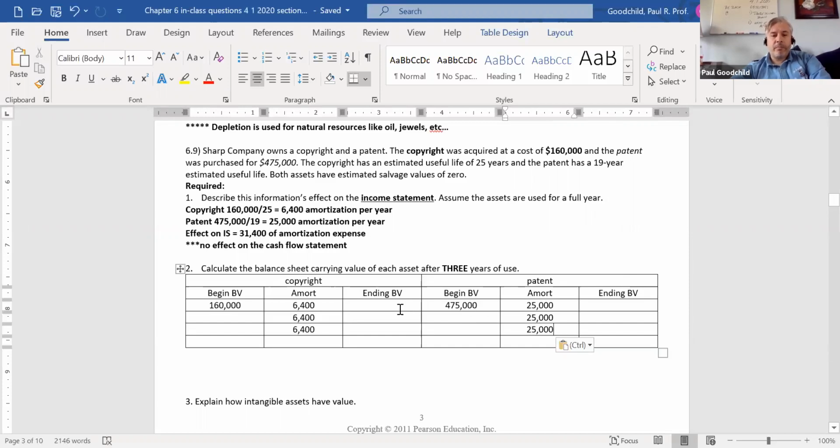So my ending book value here, 153,600. So this becomes my beginning here, 153,600. Let me know if I make a math mistake. I'm doing this in my head because to pull up a calculator every time, it's kind of a pain.